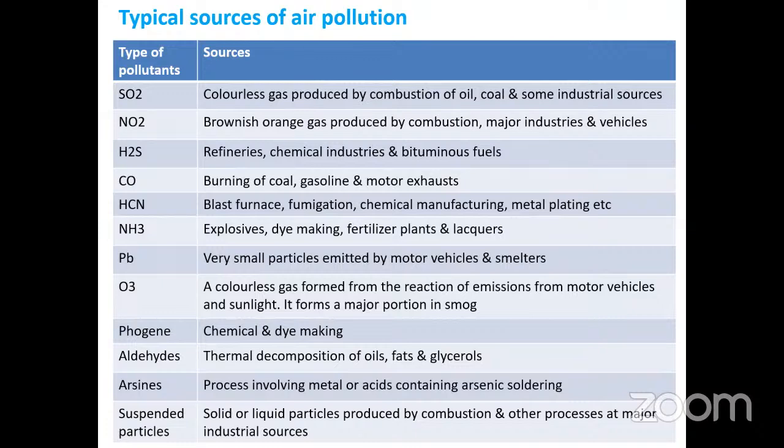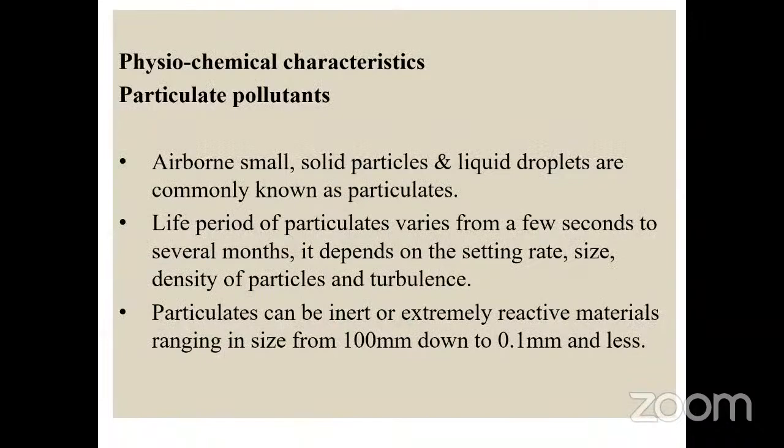Again, your book has classified the anthropogenic air pollutant sources. Here and there I have explained, but if you want me to explain again, I will give you an overall view.